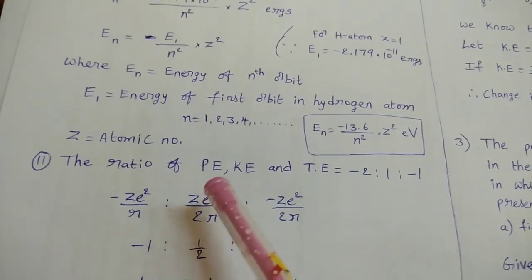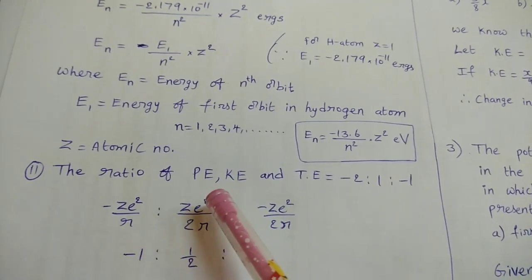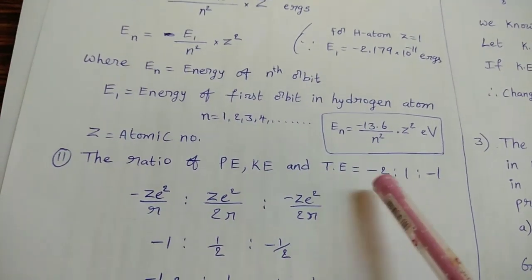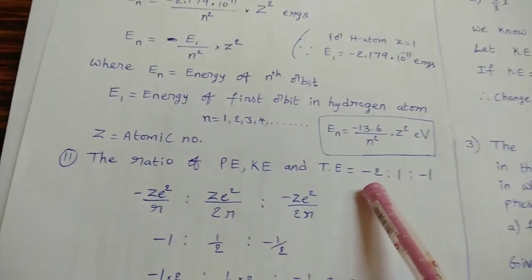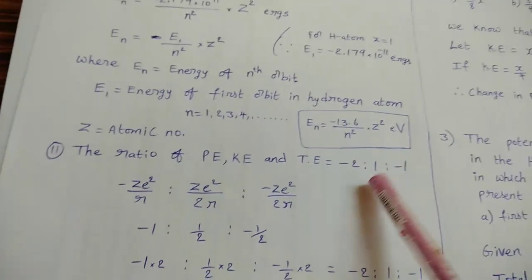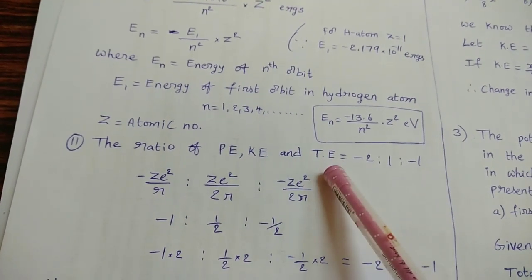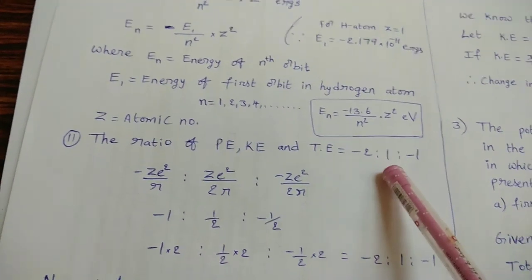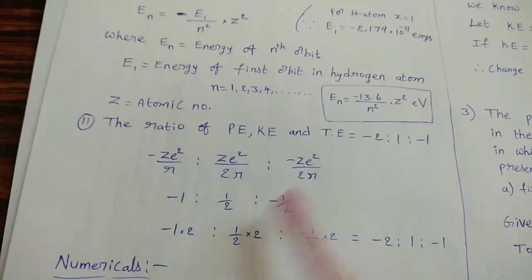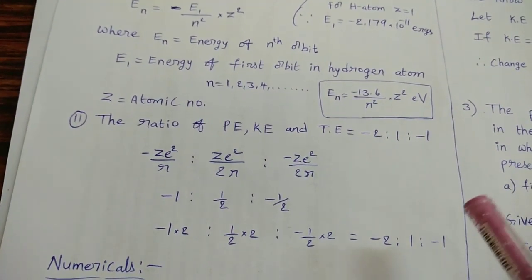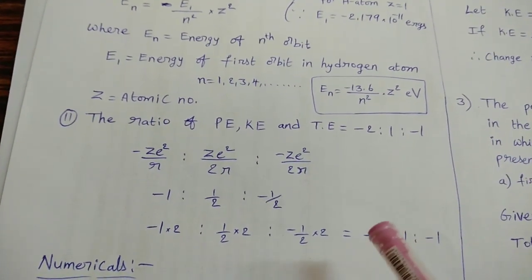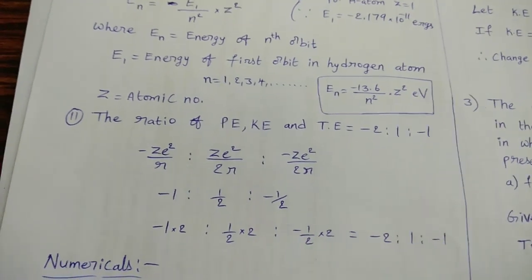So the relation between the ratio of potential energy, kinetic energy and total energy is minus 2 is to 1 is to minus 1. Important, remember carefully. Potential energy, kinetic energy, total energy ratio is minus 2 is to 1 is to minus 1. So this is the derivation related to this ratio between potential energy, kinetic energy and total energy.